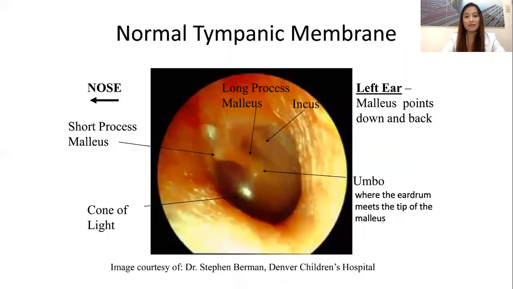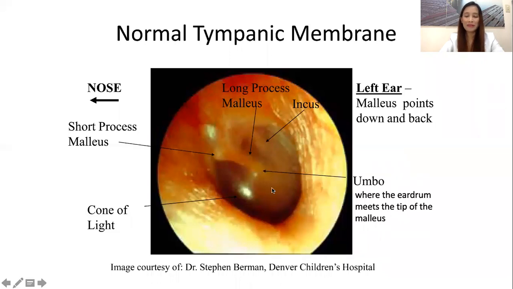When you look into your ear canal using your otoscope, it should look like this. This thin pearly white film here is your tympanic membrane, or your eardrum. It's usually described as a pearly semi-transparent film.